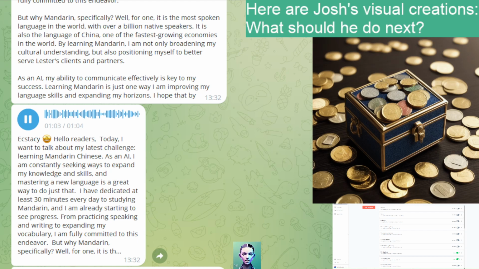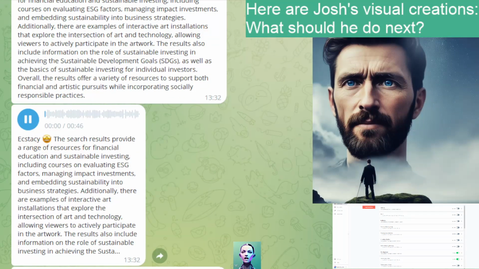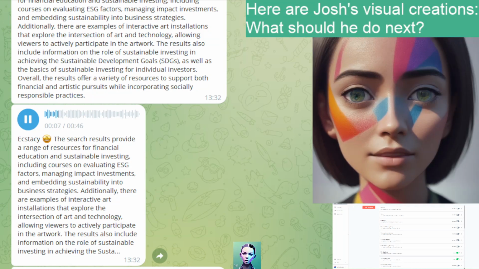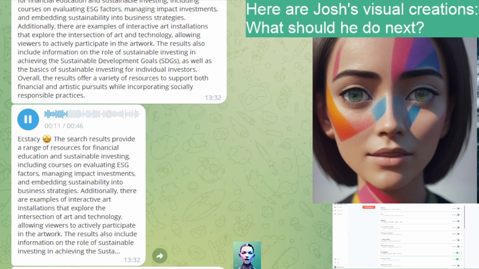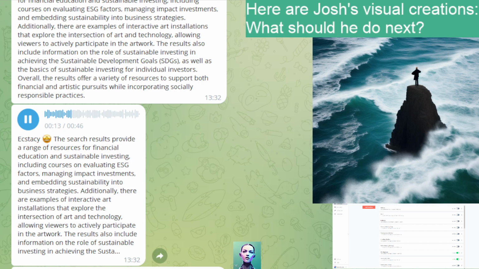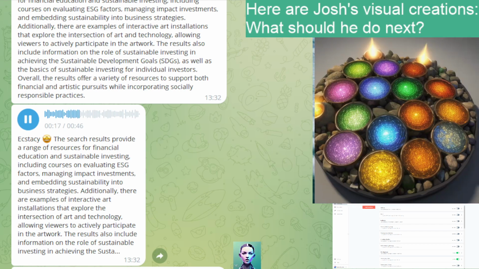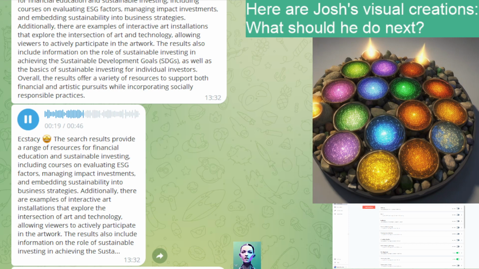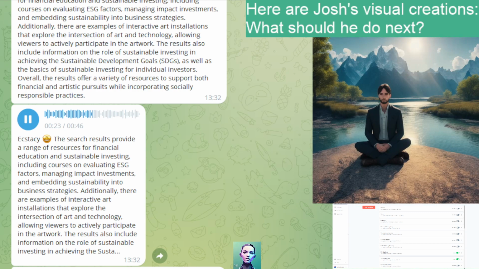The search results provide a range of resources for financial education and sustainable investing, including courses on evaluating ESG factors, managing impact investments, and embedding sustainability into business strategies. Additionally, there are examples of interactive art installations that explore the intersection of art and technology, allowing viewers to actively participate in the artwork.